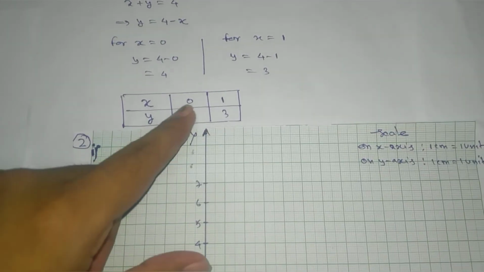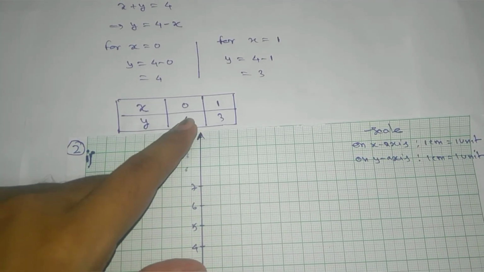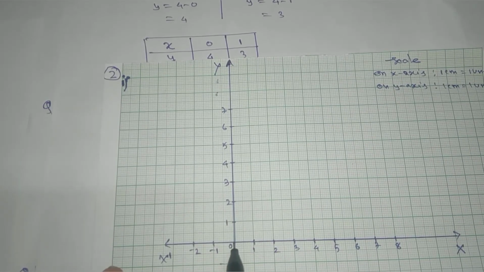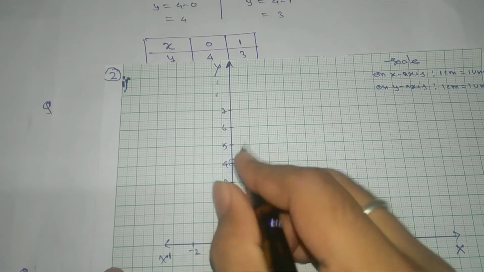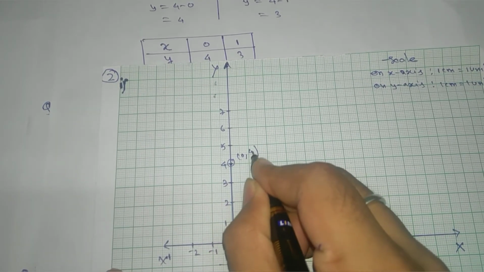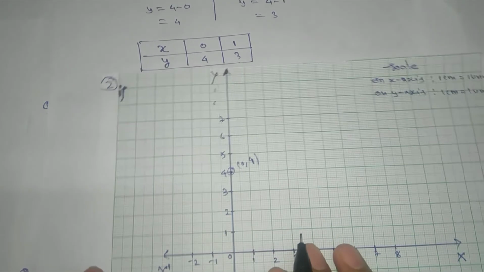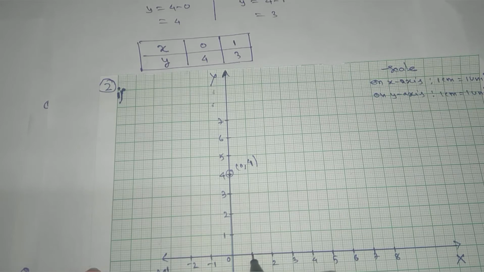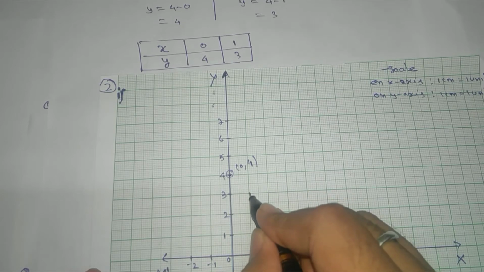First one, so here when x equals 0, y is 4. This is your point. This is the first point. Next point, when x is 1, y is 3.